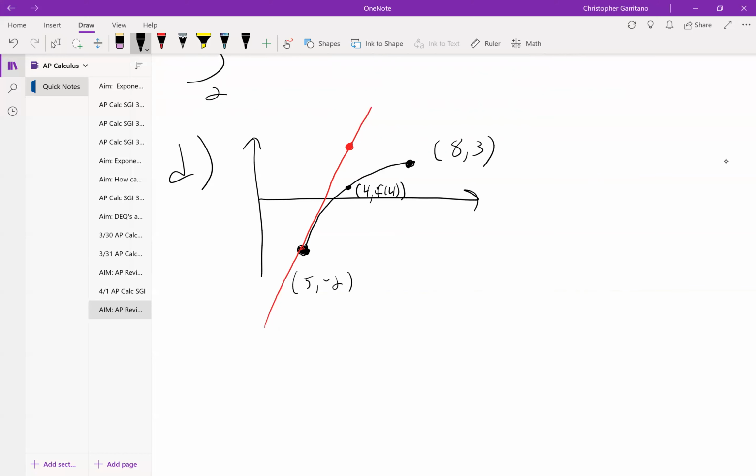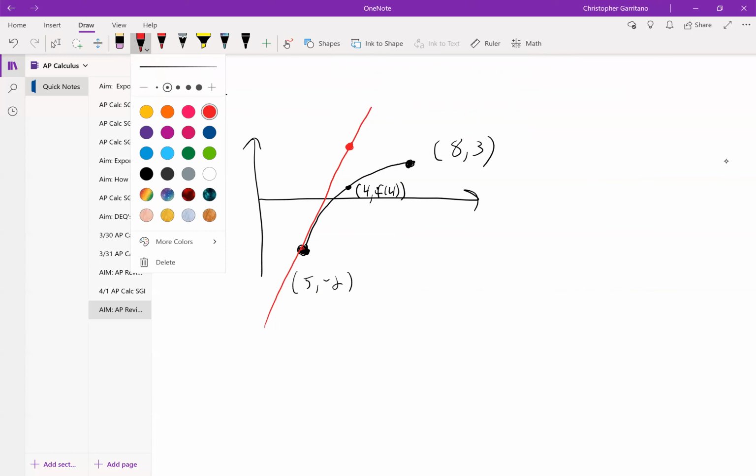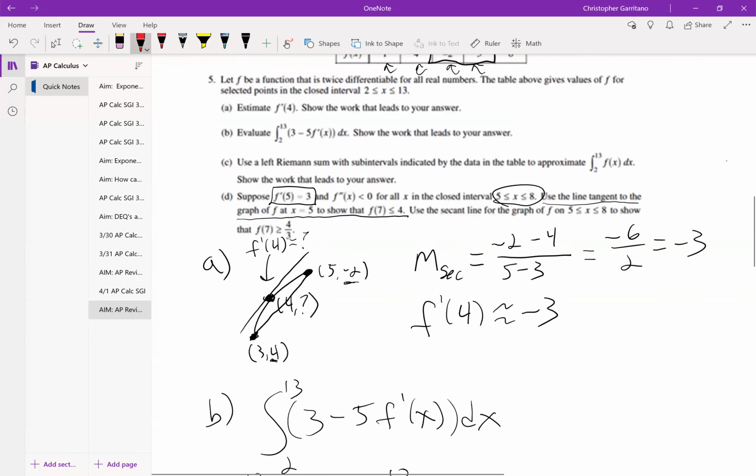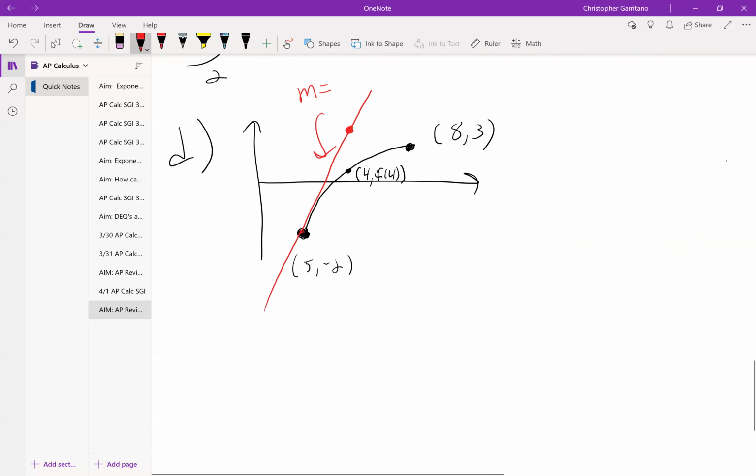Notice that the y value of the red point is greater than the y value of the function. So what I need to do is find the equation of the tangent line. All right, we were told that this slope is, I'm going to double check, is 3.